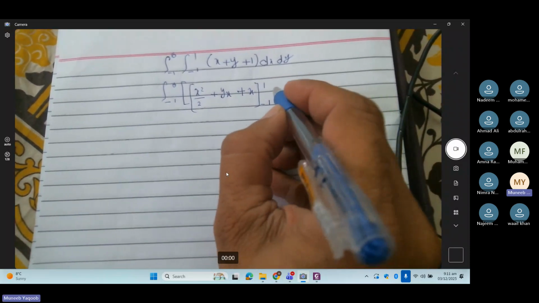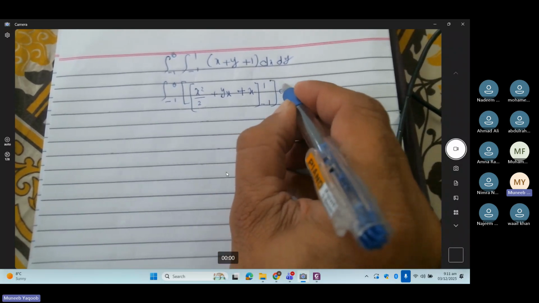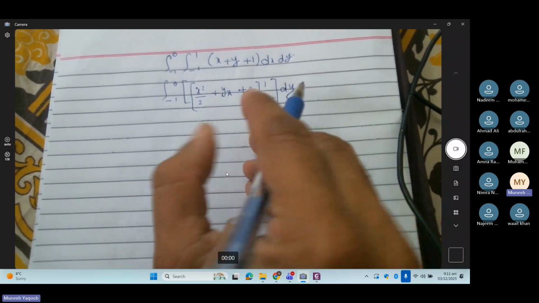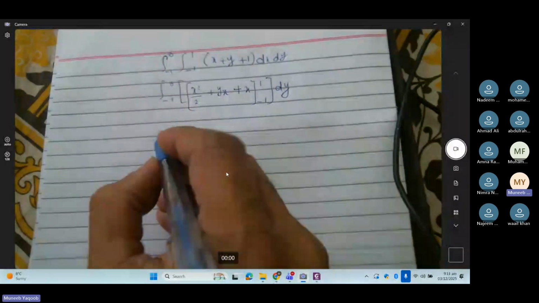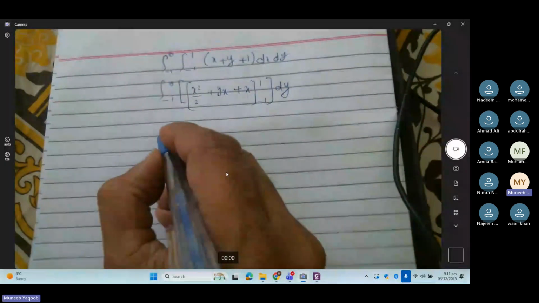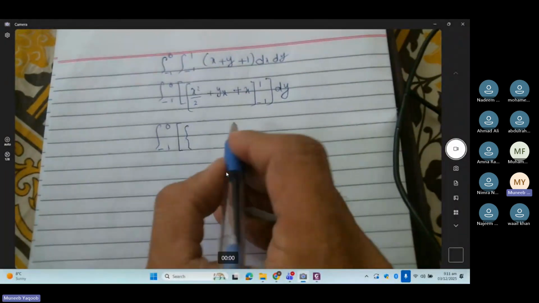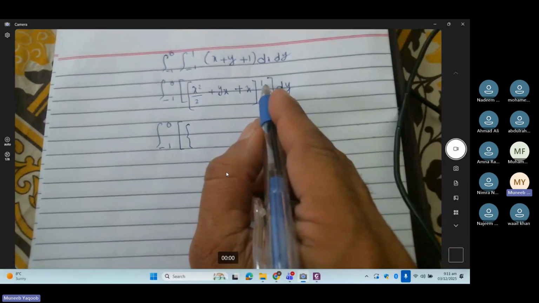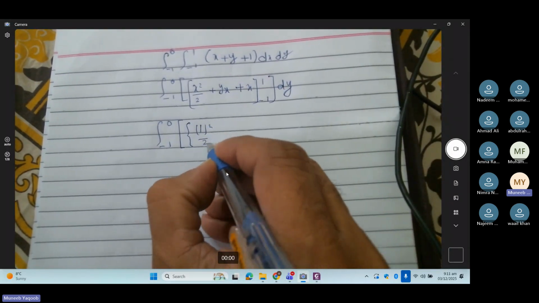And then we will integrate with respect to y. Now the integral from -1 to 0, we will apply the limits. So the upper limit is +1, so we will write 1 square upon 2.